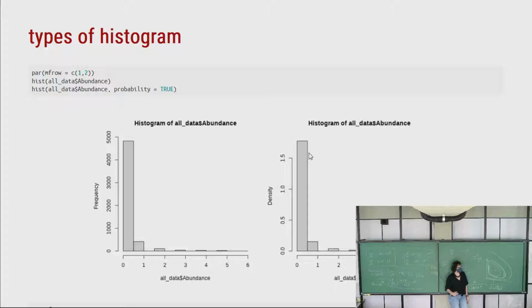For doing that in R, hist is the function that will build a histogram. So I'm building a histogram with the column abundance from my all data object. If I set probability equals true, it will plot a density histogram. The difference is only the nature of this data.